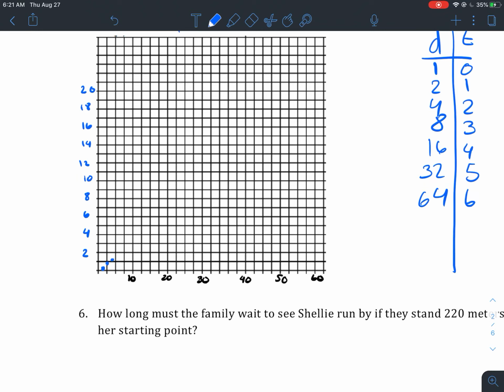Then we've got 8, 3. Sorry, we'll get there. I'm just trying to make it look nice. There we go. 8, 3. And then we've got 16, 4. 32, 5.